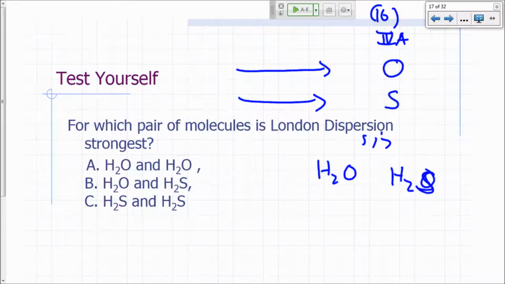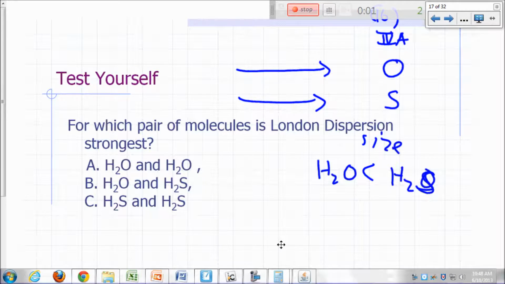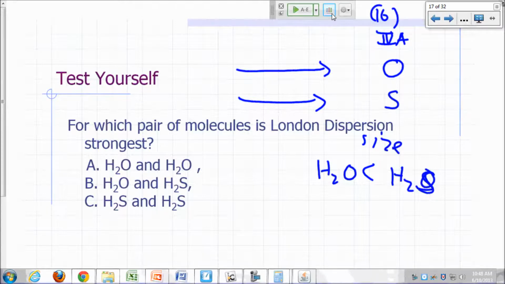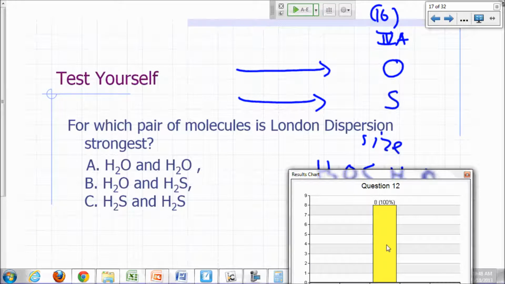Okay, in terms of size, water will be smaller than H2S. So for which pair of molecules are London dispersion forces strongest? Between a pair of water molecules, between a pair of H2S, or between H2O and H2S? Okay, the correct answer is between a pair of H2S.